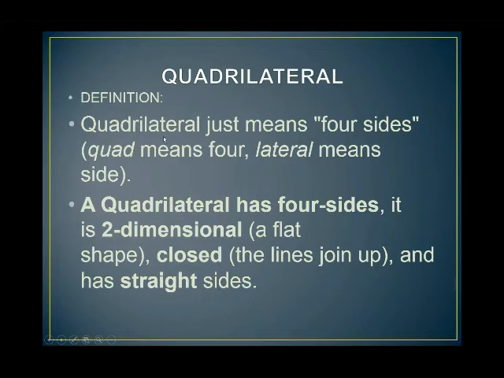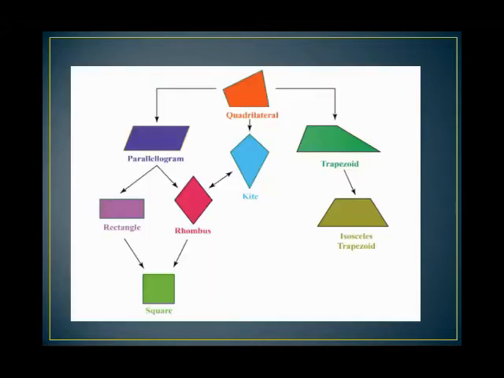I hope you understand that a quadrilateral means any closed bounded figure which has four sides, and it is also two-dimensional. That is, it has a flat shape, or we can say that it has length and breadth as well. Okay, so here is the diagram, a flow chart to show the types of quadrilateral.